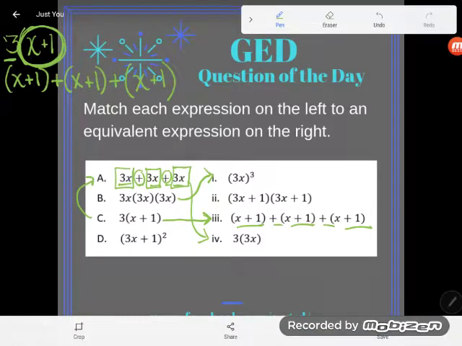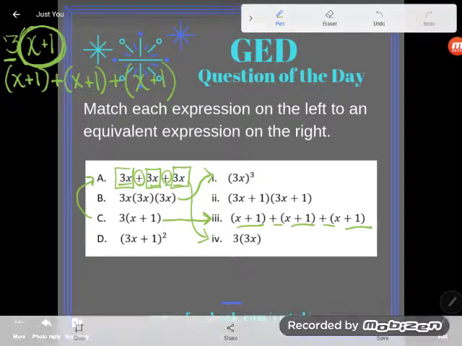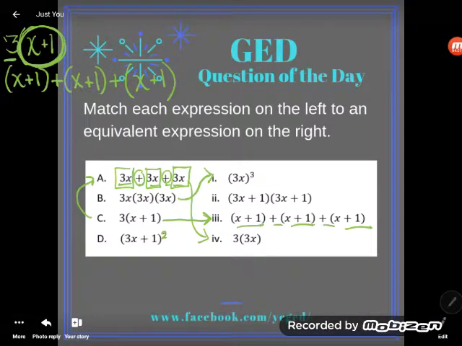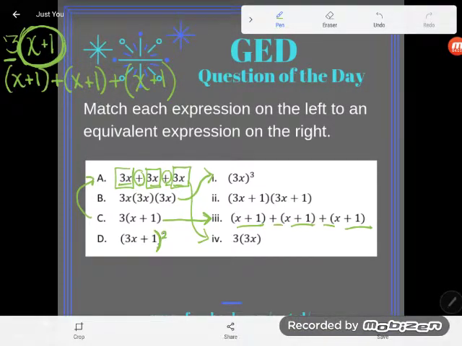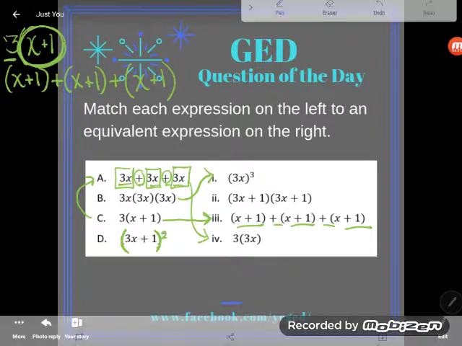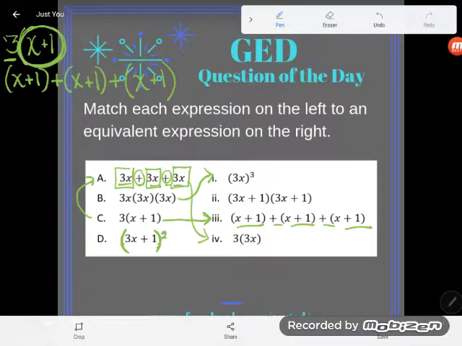Okay, now let's look at D. D features an exponent. But notice how that exponent is outside of parentheses. So that exponent is working on this entire big ugly number 3x plus 1. And what does that mean if I have 3x plus 1 squared or raised to the second power? Well, that means the same as repeated multiplication.